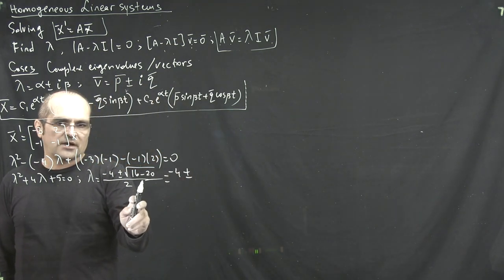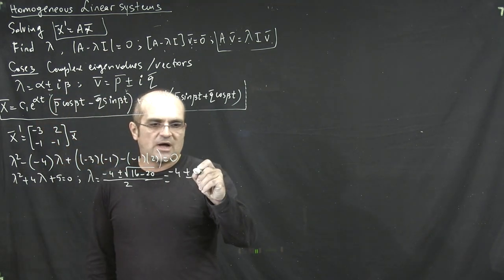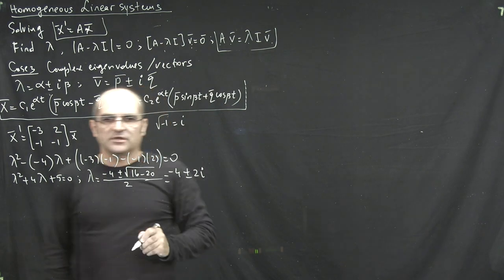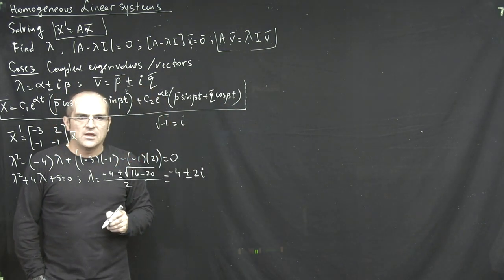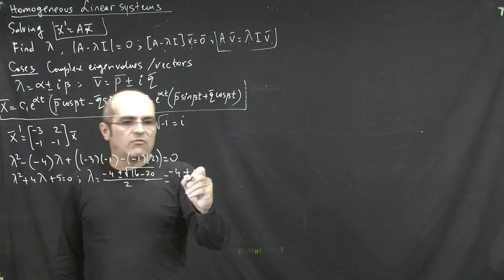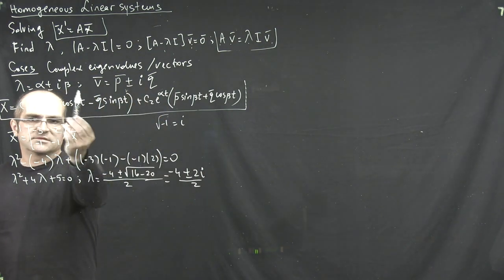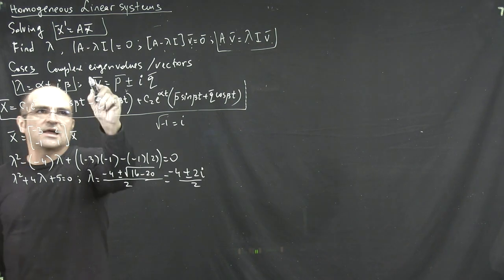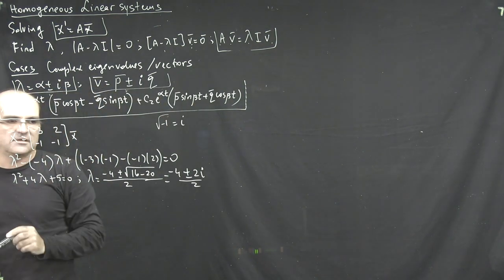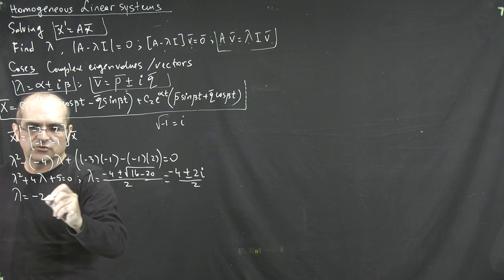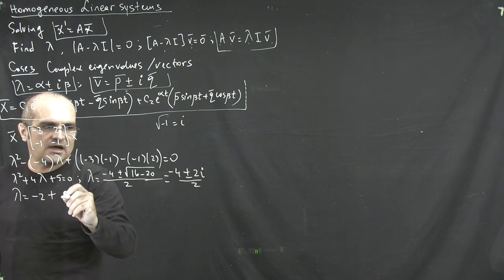If you take out the radical here, that's going to be 2i, right? Remember, imaginary unit, root minus 1. So minus 4 plus minus 2i over 2. You must distribute over 2, because you need to write your lambda in the form of real plus imaginary part. So that's going to be minus 2 plus minus i.